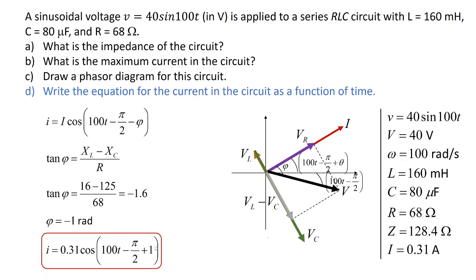I kept it this way so you can see the difference between the phase angle of the voltage and the phase angle of the current. It is clear from this equation that the current is ahead of the voltage. This plus 1 tells you that the voltage is behind the current, or that the current is ahead of the voltage, because plus 1 is measured counterclockwise.